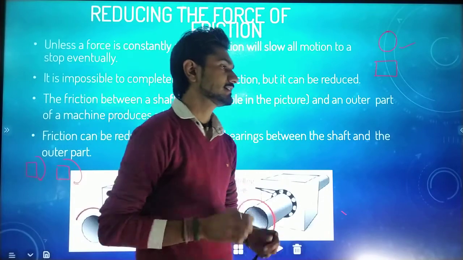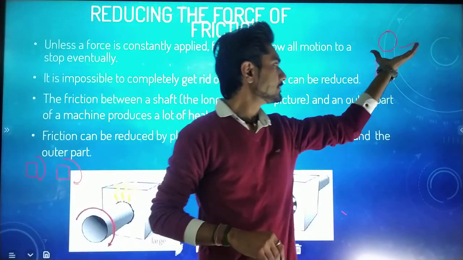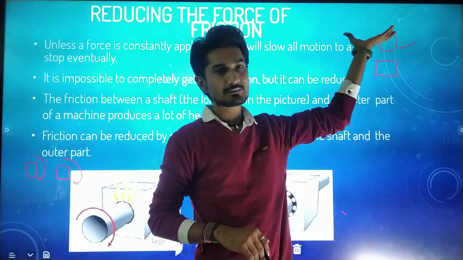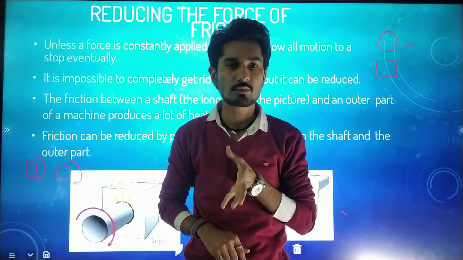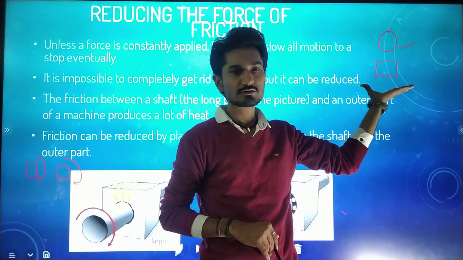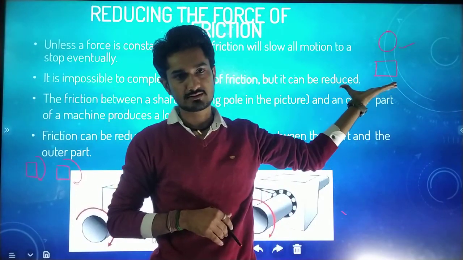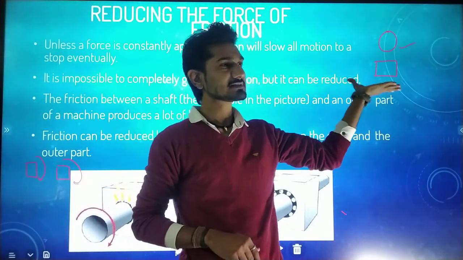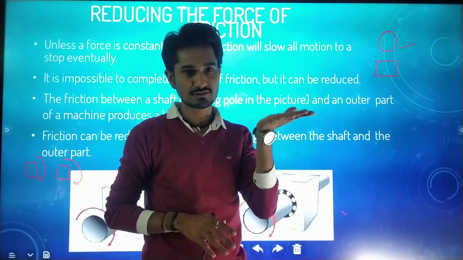The second thing is that braking can be applied, and due to the braking system the revolving surface can be stopped. There is already a much higher friction applicable here. So how can we create the braking system in that? If the braking system is applied, it will create much more friction.